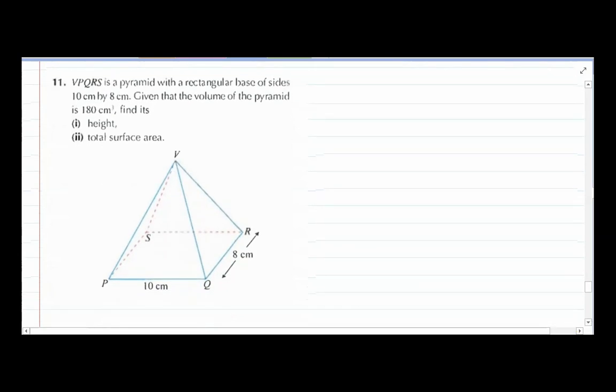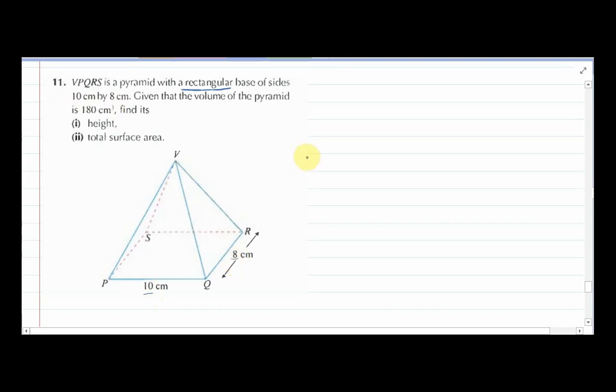Now question number 15, VPQRS with a rectangular base. The first important thing is that we have a rectangular base. Sides are 10 and 8, you can see in the figure as well.